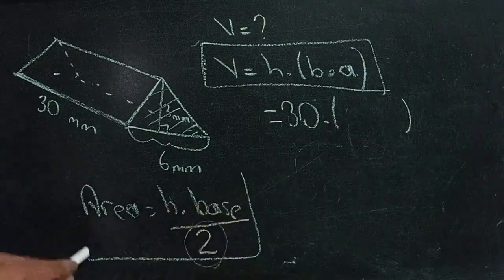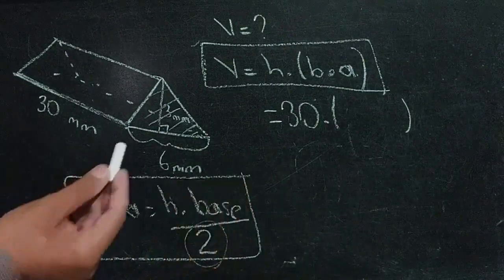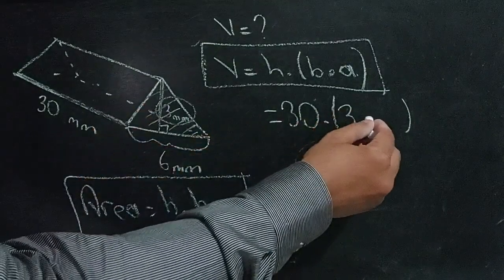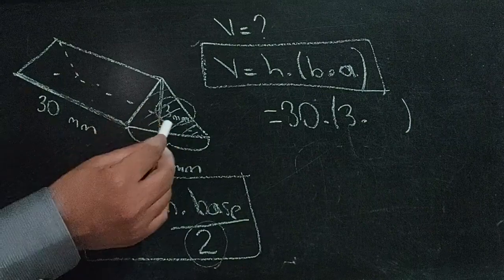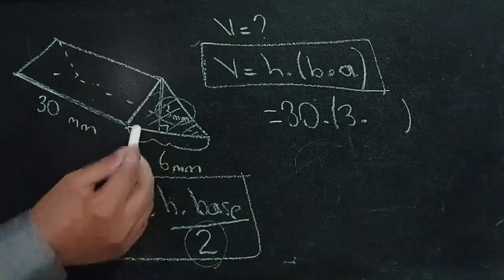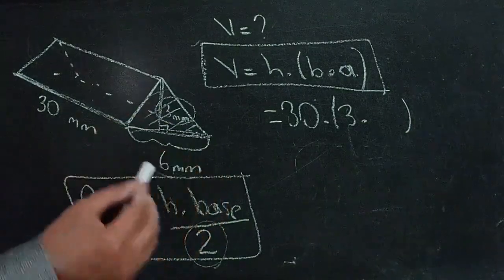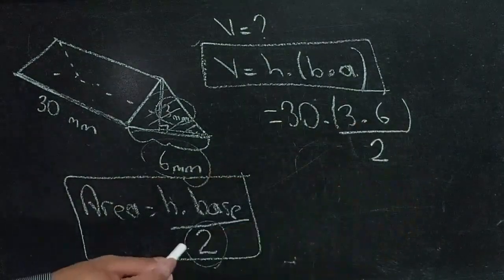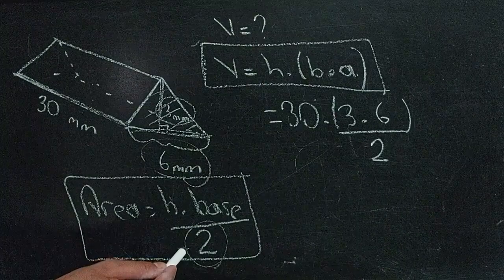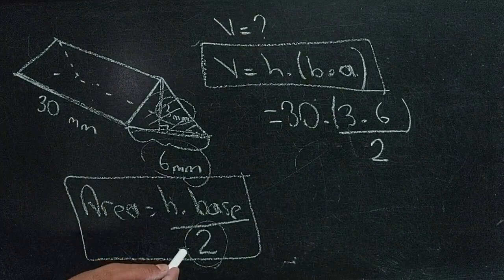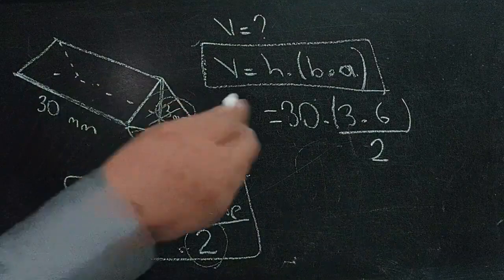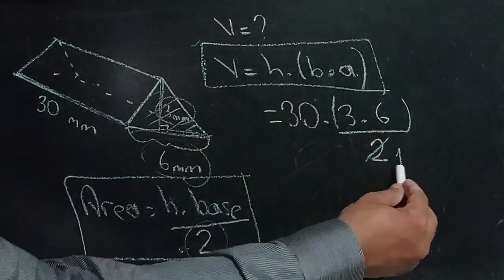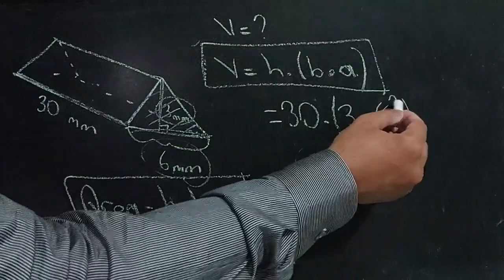So now, height of the triangle is 3. Look, 3 times base of the triangle, which is 6, over 2. That's coming from the formula of area of triangle. Now I'm going to simplify this and this. Divided by 2, 1, divided by 2, 3.